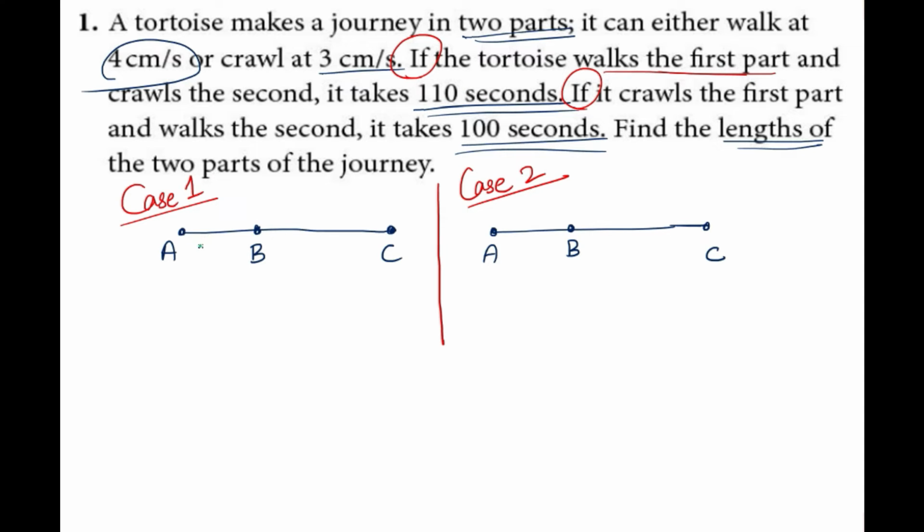In case 1, the tortoise walks the first part and then it crawls the second. In case 2, from A to B, the first part it crawls, and from B to C it walks.